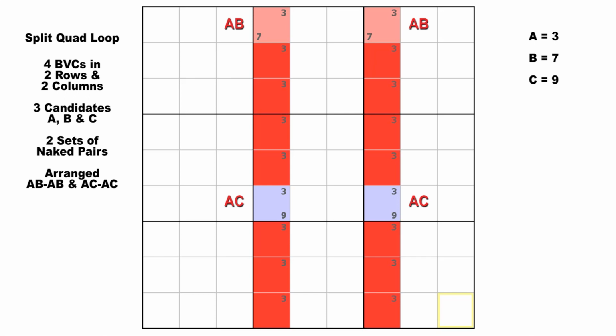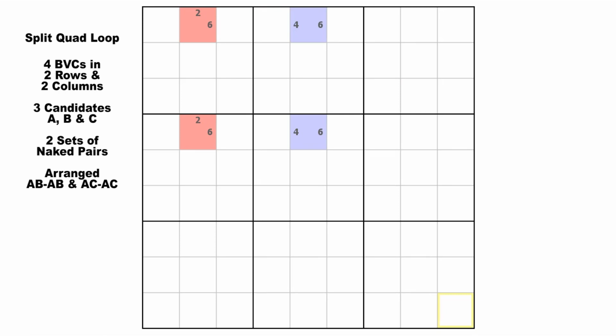And of course, this will work the same way if the 2 sets of naked pairs lie in 2 columns, like this. Here we have 2 sets of naked pairs that are situated in exactly 2 rows and 2 columns, and this time they line up to form a perfect square. Just like a Swami Quad Loop, a split quad loop can be in the form of a rectangle or a perfect square.